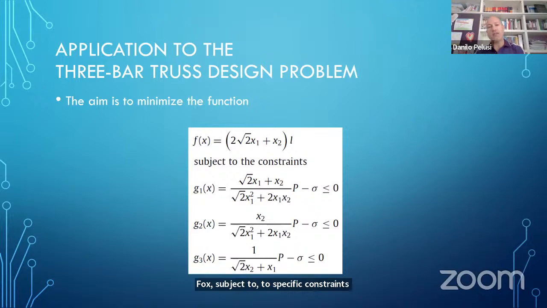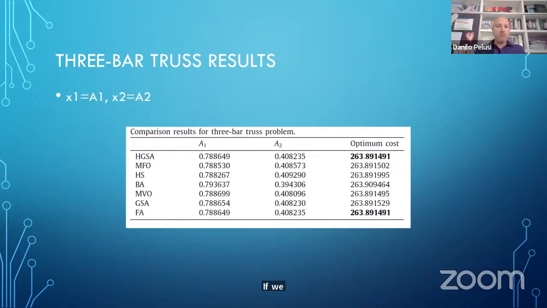In this case, the number of constraints is 3. If we apply our hyperbolic GSA, in the three-bar truss problem it is very important to find the optimum cost. We can note that our algorithm achieves a very, very good result.